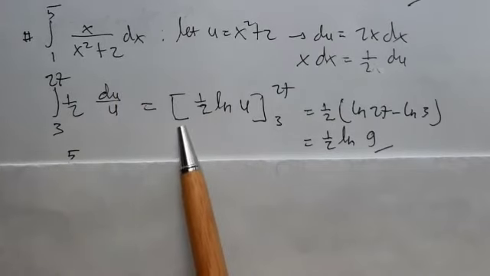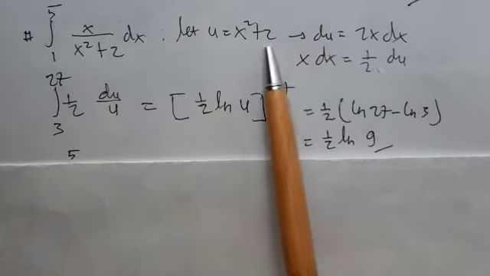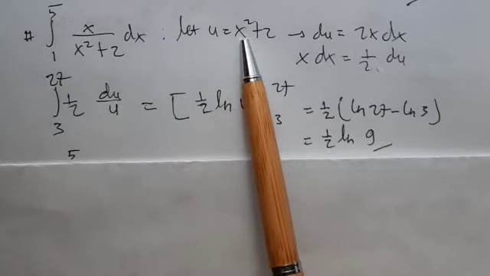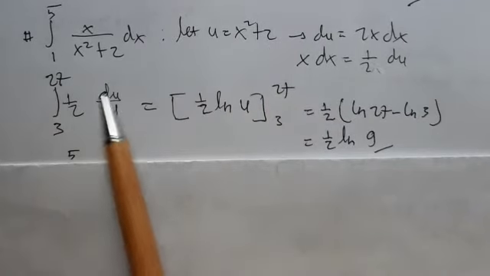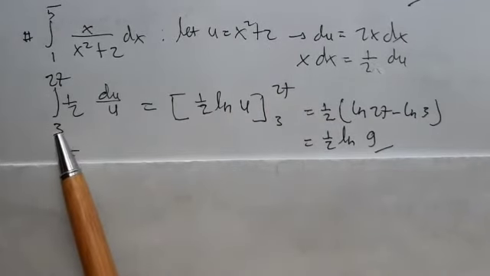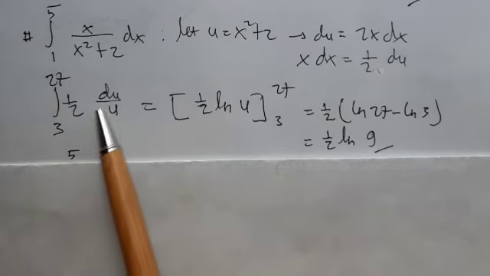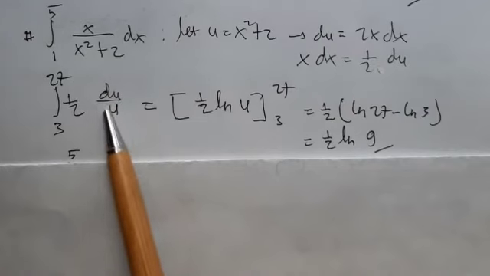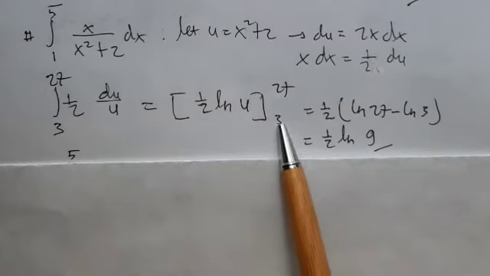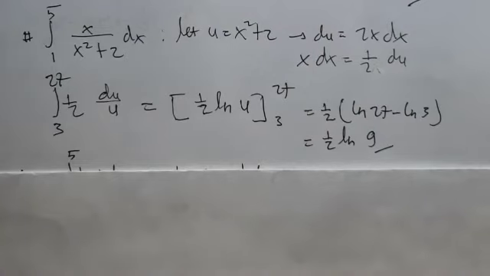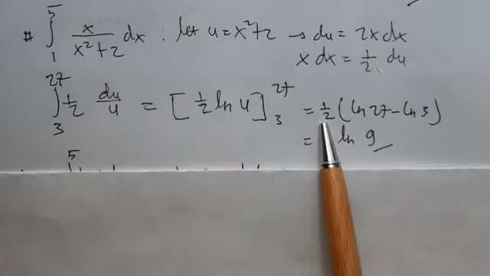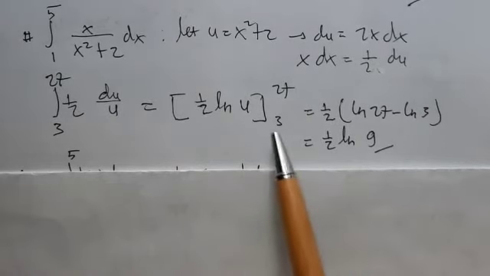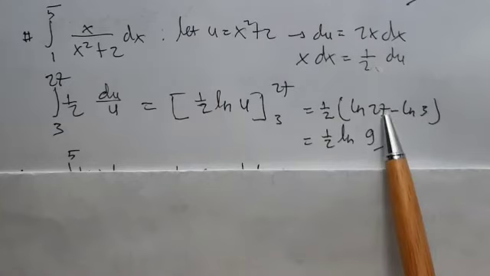Now the boundaries of the integration: if x is 1, then 1 plus 2 is 3. If x is 5, u is 25 plus 2, which is 27. That is why the boundaries of integration are from 3 to 27 of half du over u, which equals half the integral of du over u, that is ln u from 3 to 27, equals half times ln 27 minus ln of the lower boundary, ln 3.